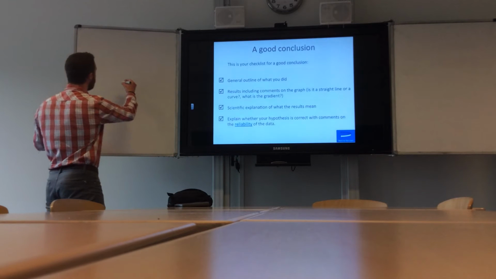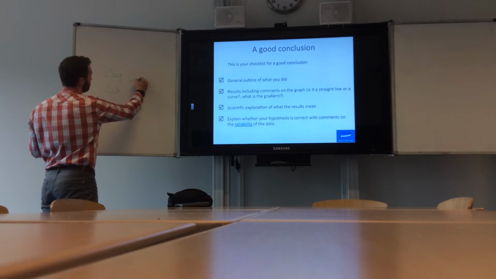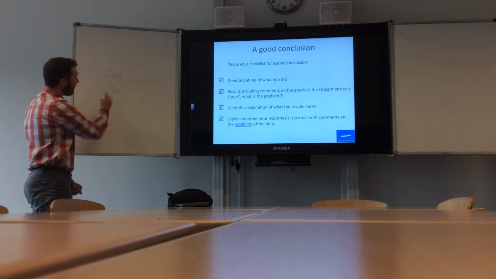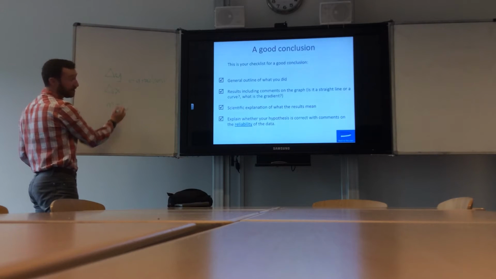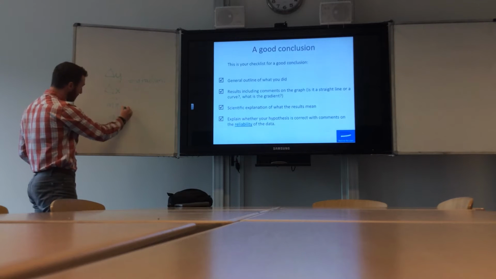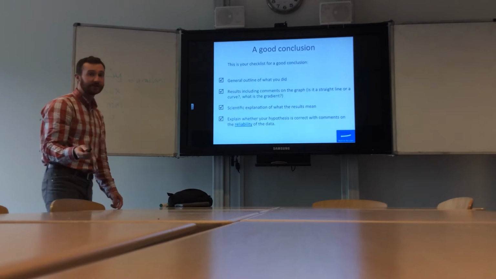When you work out a gradient, changing y over changing x equals the gradient. Now if this has a unit of millimeters, and this has a unit of grams, this shows us the relationship between the two things that we were investigating.